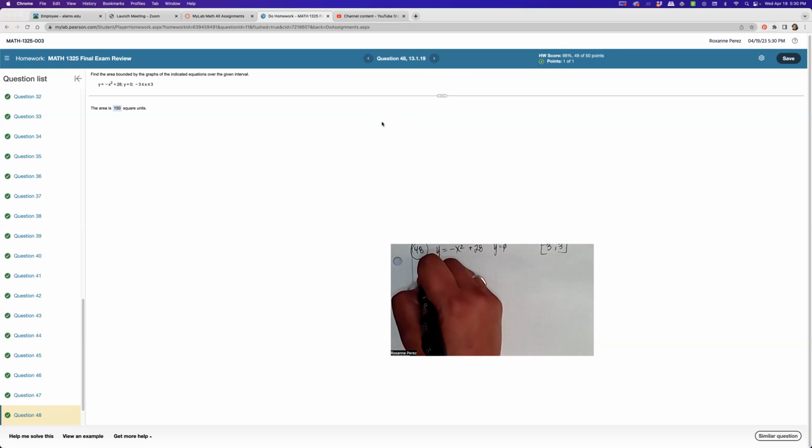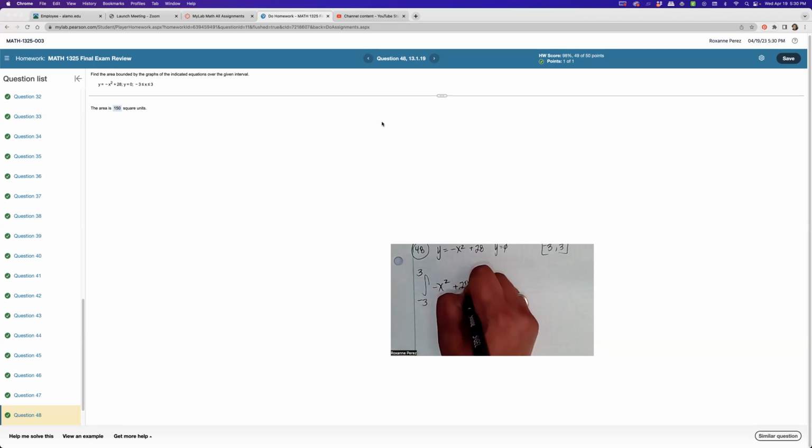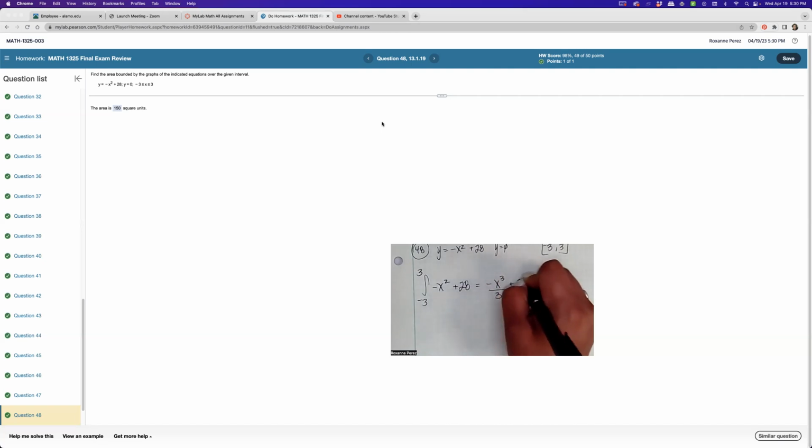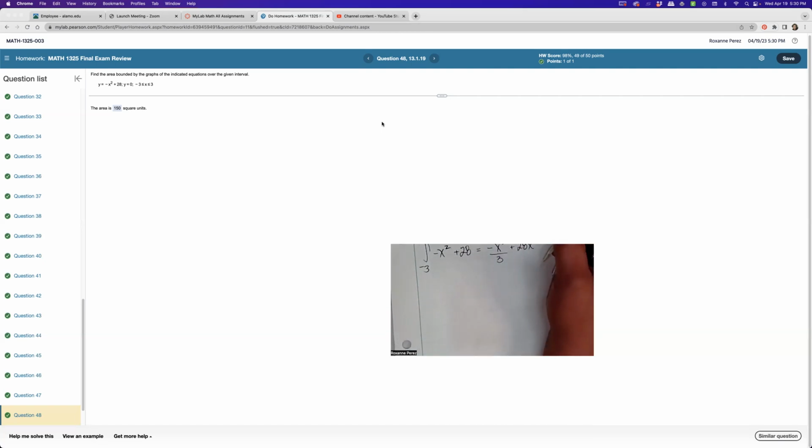We're just going to integrate from -3 to 3 negative x squared plus 28, which is going to equal negative x cubed over 3 plus 28x. And then that ends up giving me 75 plus 75, which is going to equal 150.